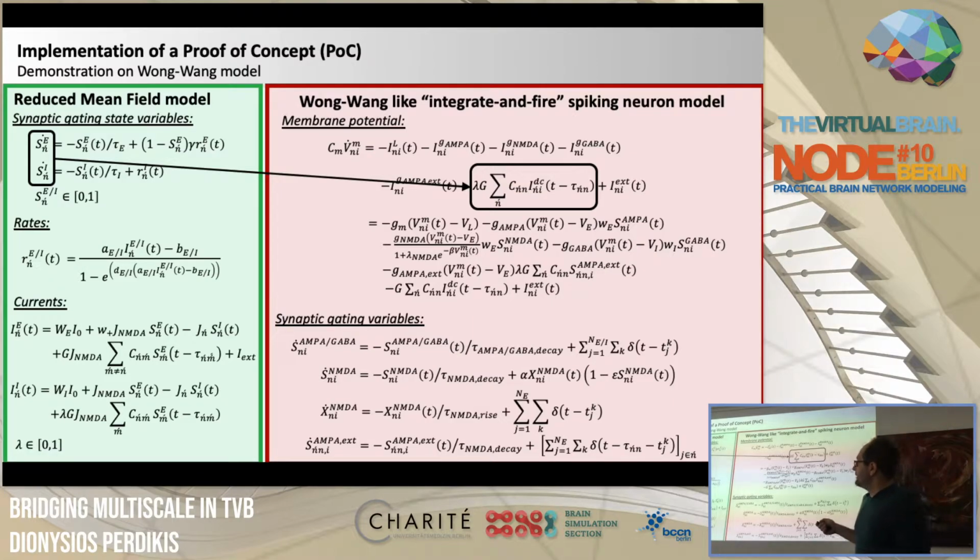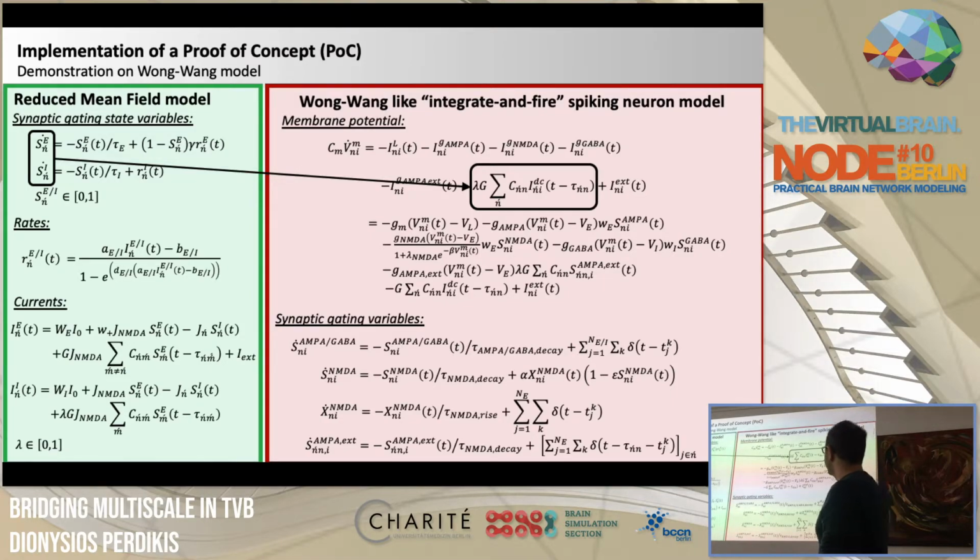But we also said that these variables here, when multiplied with a constant, become a current. So another possibility would be to actually multiply them with this constant and couple them directly through a current. Since anyway the neuron receives currents, we can send currents from TVB to the neurons.